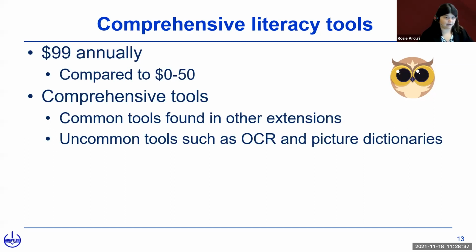They often offer a lot of comprehensive tools, and some of the tools that are less likely to be found in Chrome extensions, things like optical text recognition, or word prediction, or picture dictionaries. Those things exist in some cases, but not always.